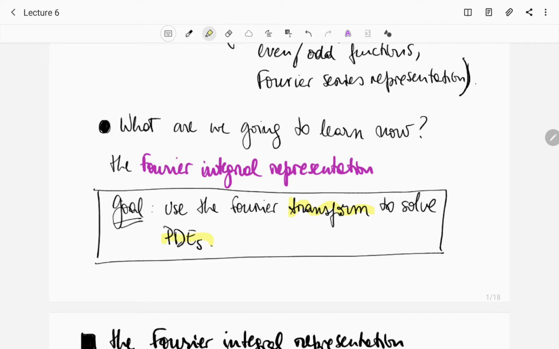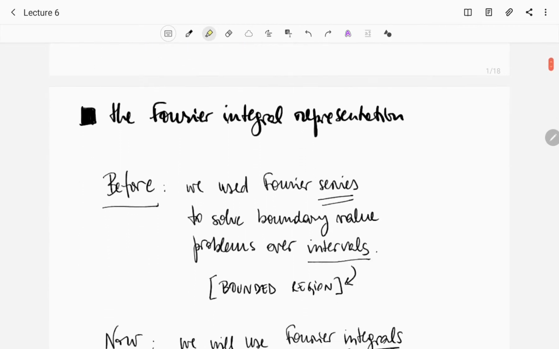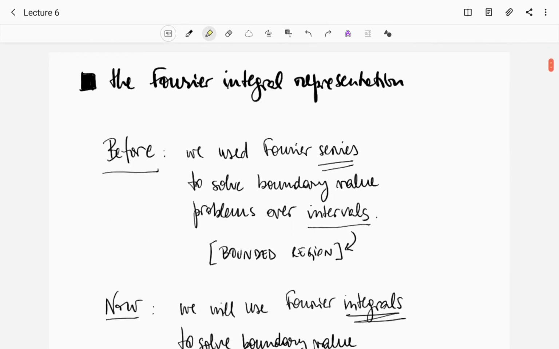So today we are going to focus on Fourier integral representation. So forget about partial differential equations and forget about this word transform. So, baby step first. Fourier integral representation.